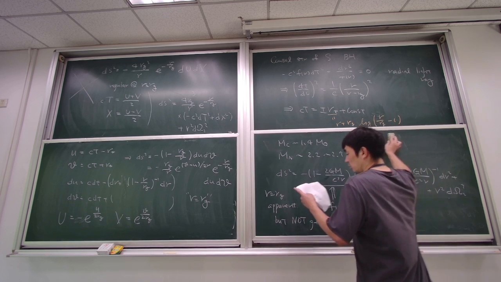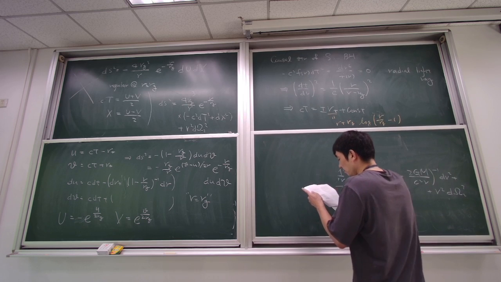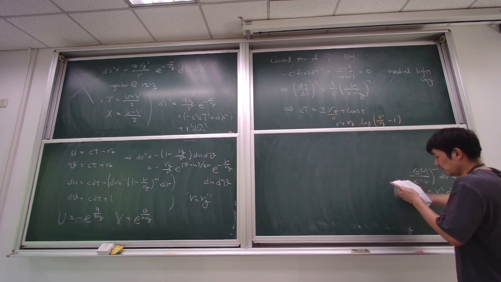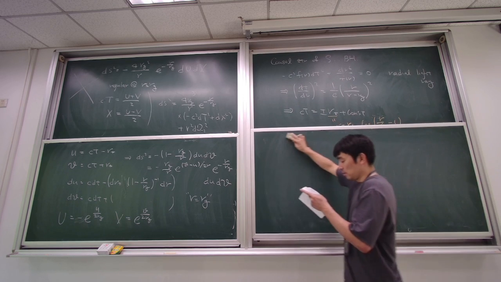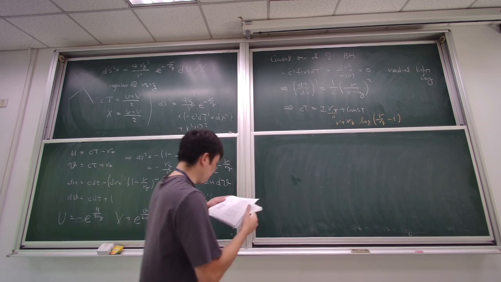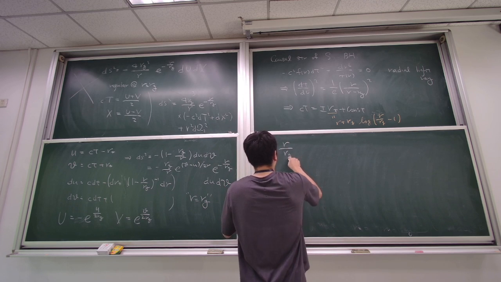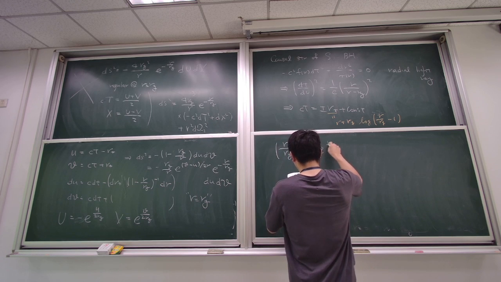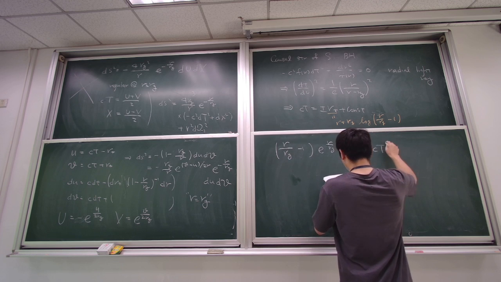So then we can just write down how the causal structure looks. If you look at the relation between r and x and t, in fact (r over rg minus 1) times e to the r over rg is equal to x squared minus c squared t squared.